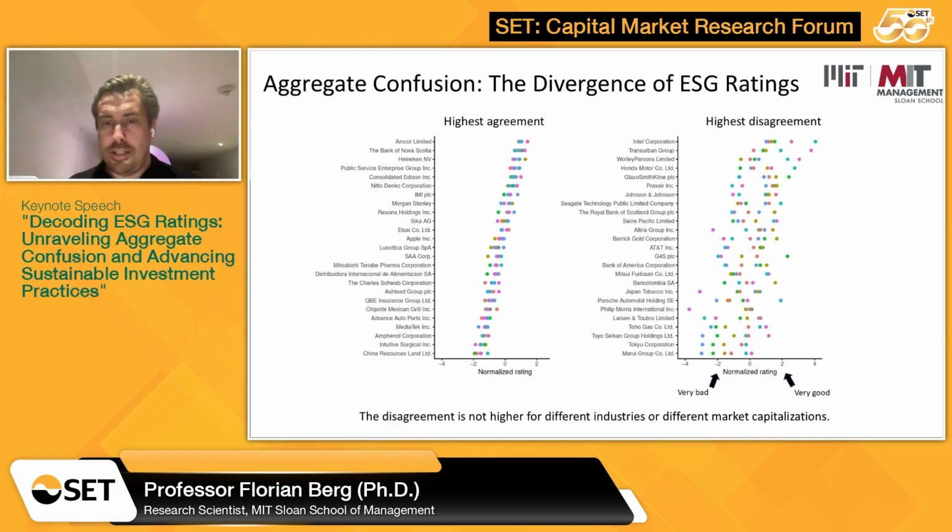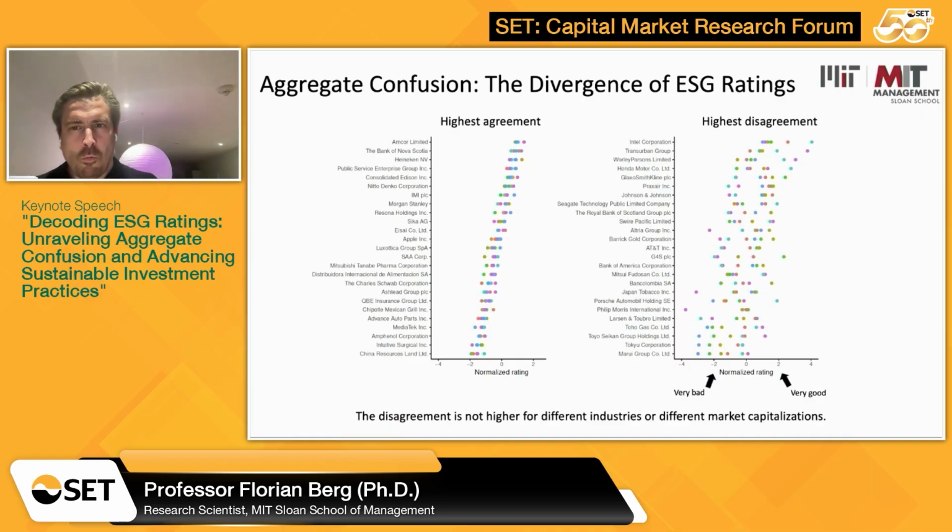Basically, the difference between -2 standard deviations and +2 standard deviations is the difference from very bad to very good. You see it indicated here with the arrows. So in the highest disagreement bracket, all those companies are basically a difference between very good and very bad. A -4 would be extremely bad, and +4 would be extremely good. Where the highest disagreement is, you see that the difference is big, while where they agree, the ratings are all fairly close.